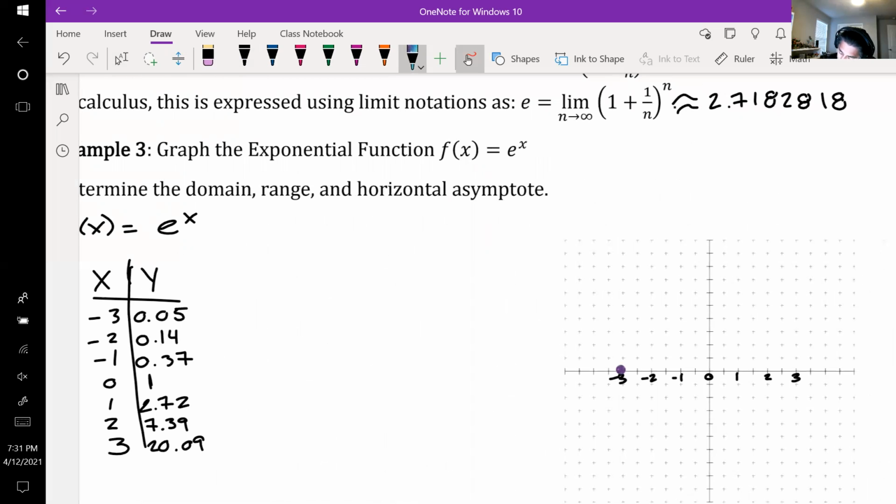And then -2 and 0.14, not much higher. And then -1 and 0.37, 0, 1. And then 1 and 2.72, somewhere around there. 2 and 7.39, so 3, 4, 5, 6, 7 up there. And then 3 and 20, so that's all the way up there somewhere. So here is the exponential function, e to the x.